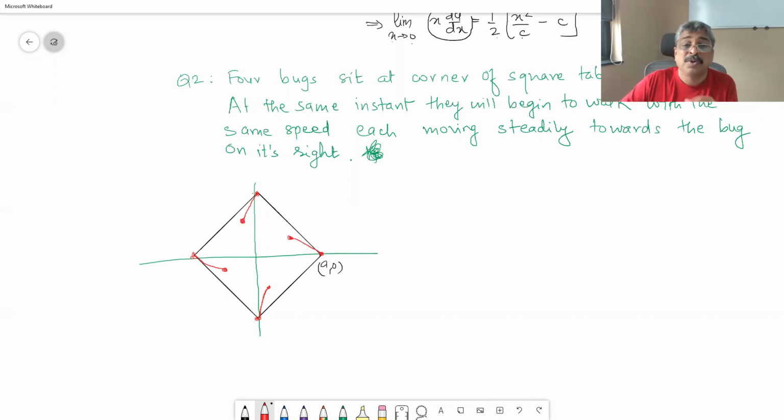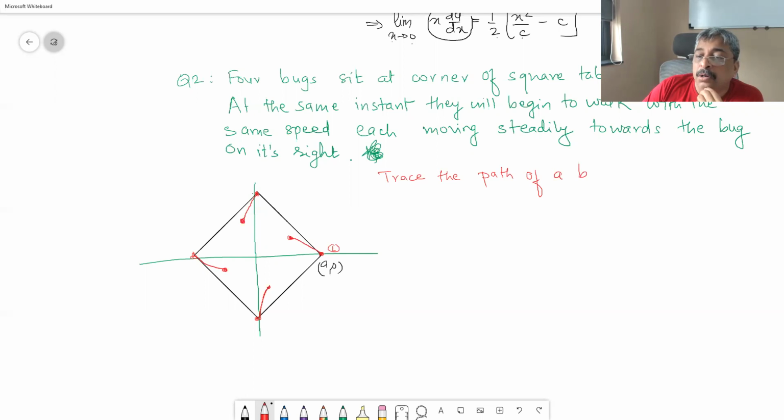So what we are supposed to do is trace the path of the bug. I mean bug number 1. This is the first bug. Trace the path of a bug. And eventually I think we should find out the total distance traveled.